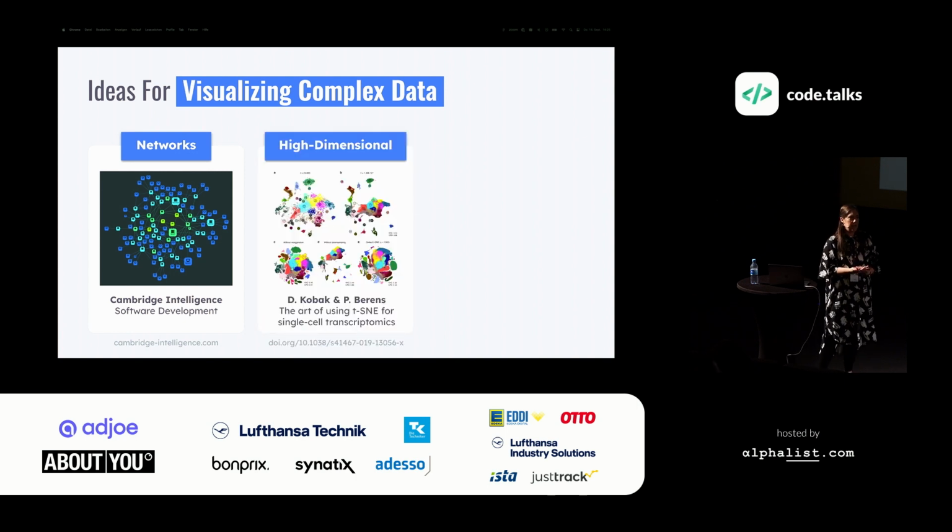Another area is high-dimensional data, and probably some of you are dealing with this kind of topic or data structure at some point. And if you haven't heard of it, there's this technology called t-SNE. I hope I'm saying this correctly, probably not, but I tried. So it's basically applying machine learning statistical methods to reduce the dimensions in the data.